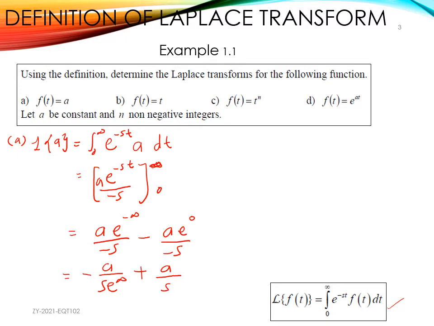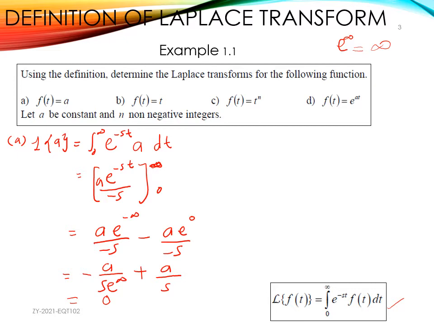So e to the power infinity, what do you actually get? The graph of the exponent is increasing, right? If the power is approaching a very big number, and a is just a small constant divided by a very big number, you'll get 0.